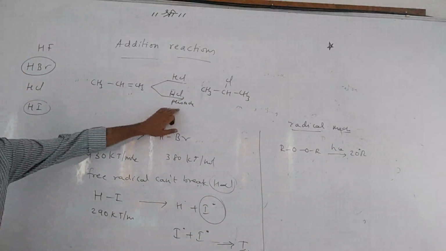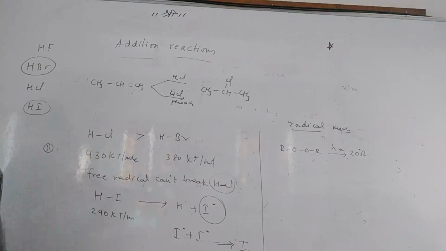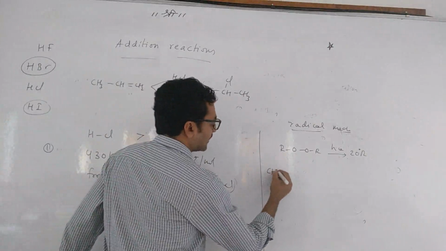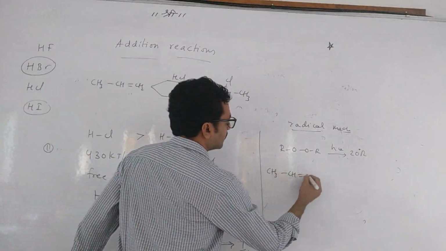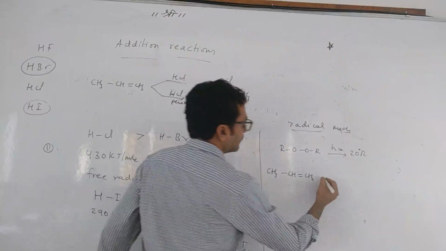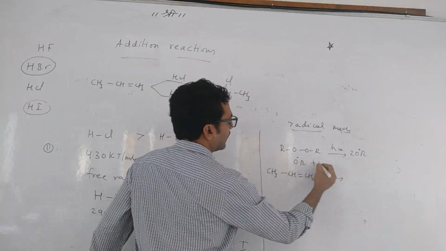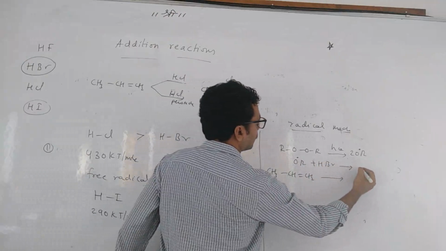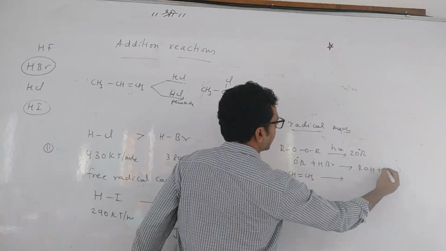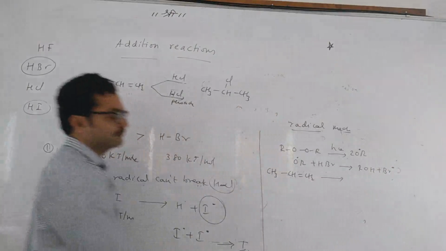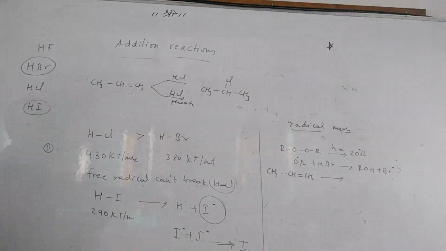In peroxide, first peroxide will split into 2 OR radicals. After that, our alkene is there. This OR radical will combine with HBr to form ROH and Br radical. This is the second step.